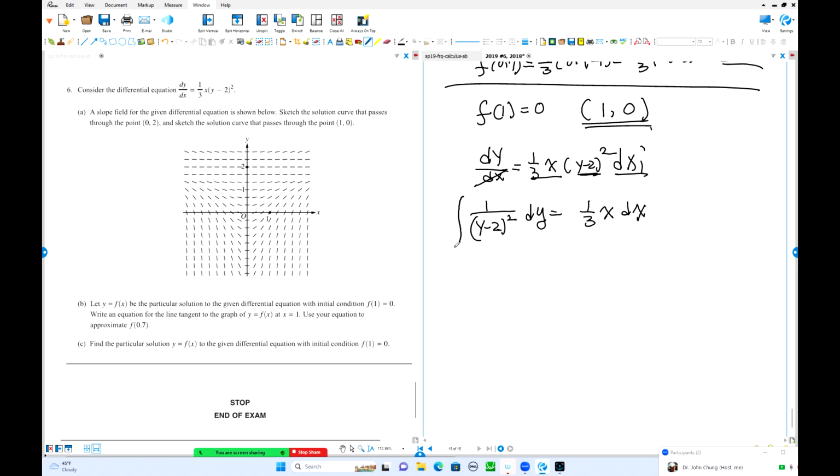After that, we take the integral, okay? The integral of 1 over (y minus 2) squared dy equals the integral of 1/3 x dx. Minus 2 plus 1 is negative 1, so the antiderivative is (y minus 2) to the negative 1, divided by negative 1.